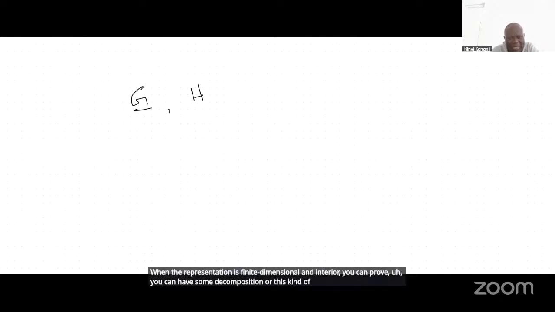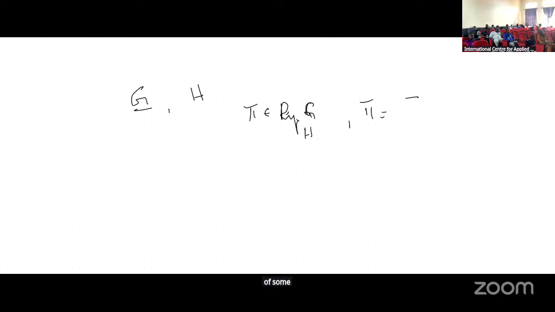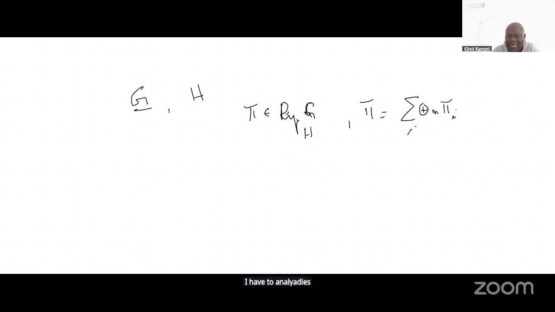If pi is a representation of G into H, then pi can be written as the direct sum of representations pi_i to the n, where pi_i is irreducible.